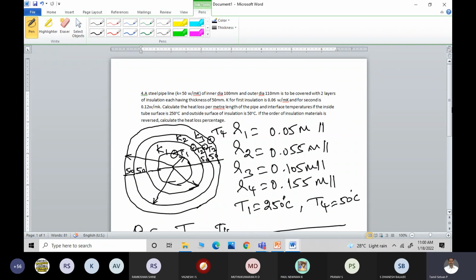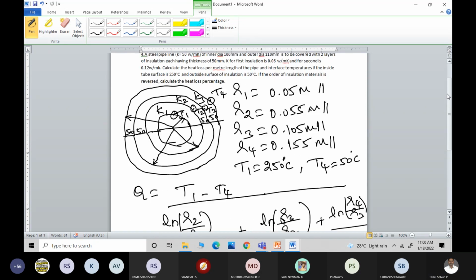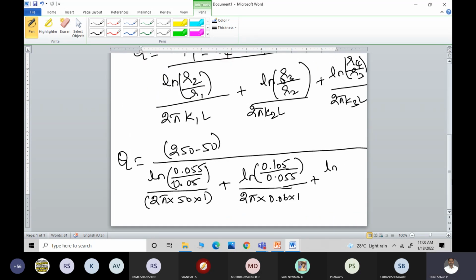K2 is 0.06, right? And K3 is 0.12. All of you are there? Yes, sir. And find out natural log of R4 by R3, 0.155 divided by 0.105.